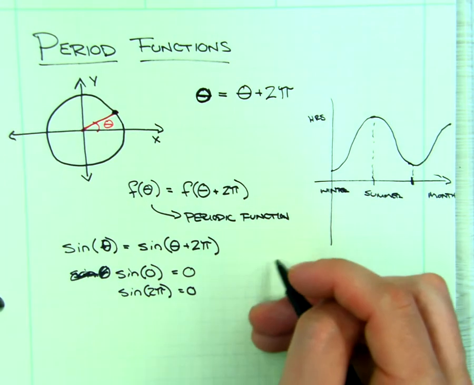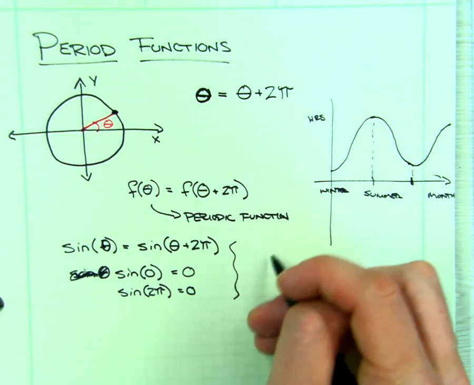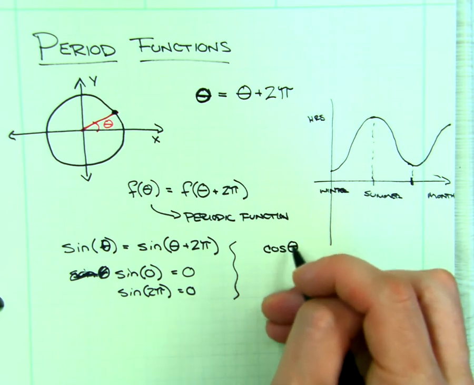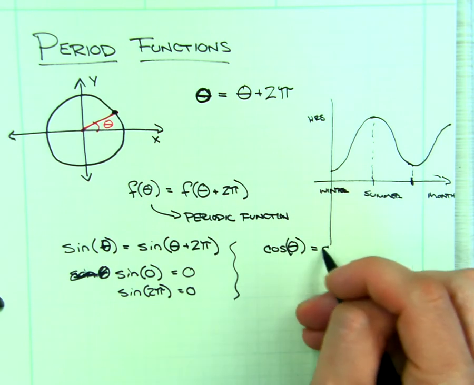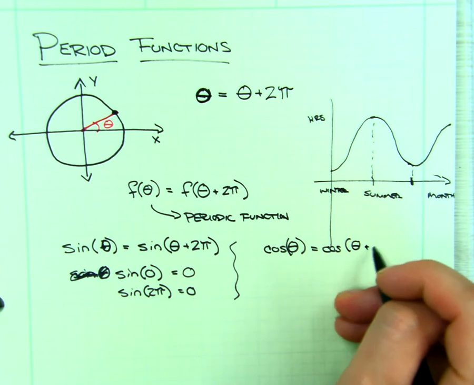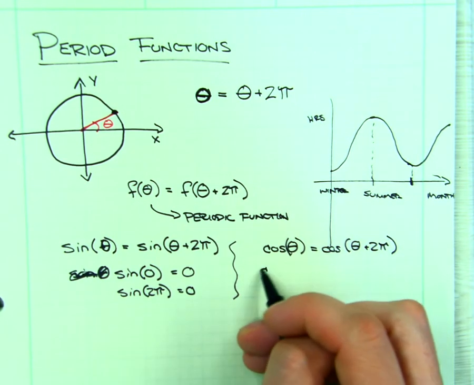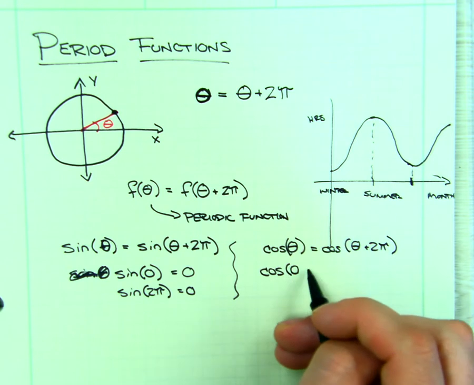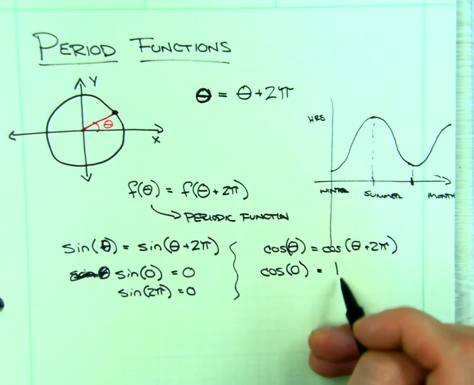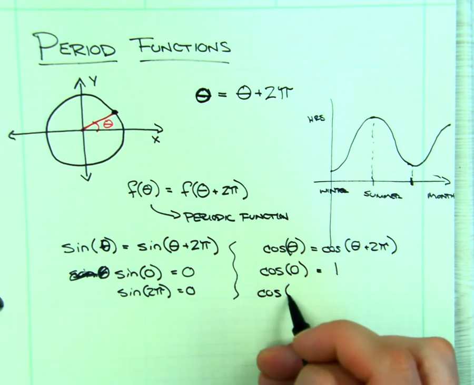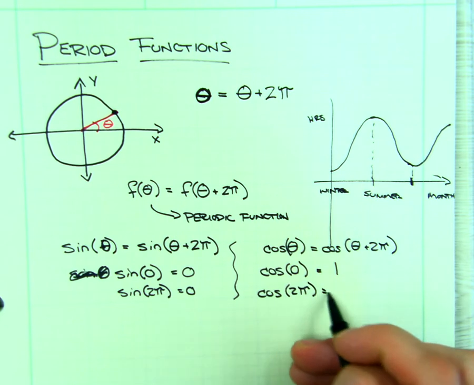Well, the cosine is a periodic function as well. So the cosine of theta is exactly equal to the cosine of theta plus 2 pi. So cosine of 0 is going to be 1, and the cosine of 2 pi is going to be equal to 1.